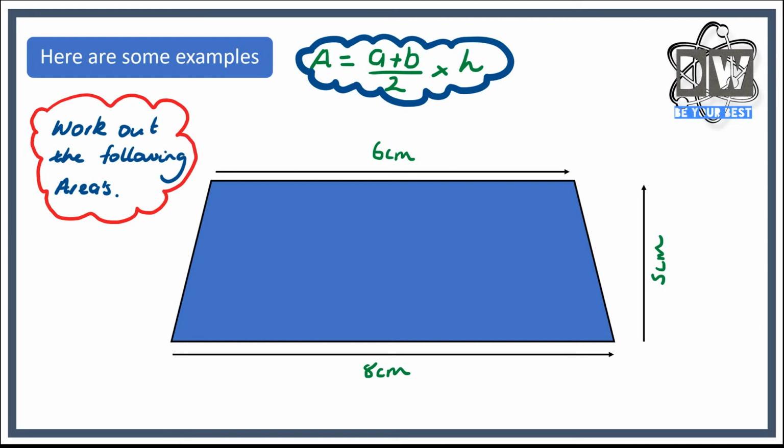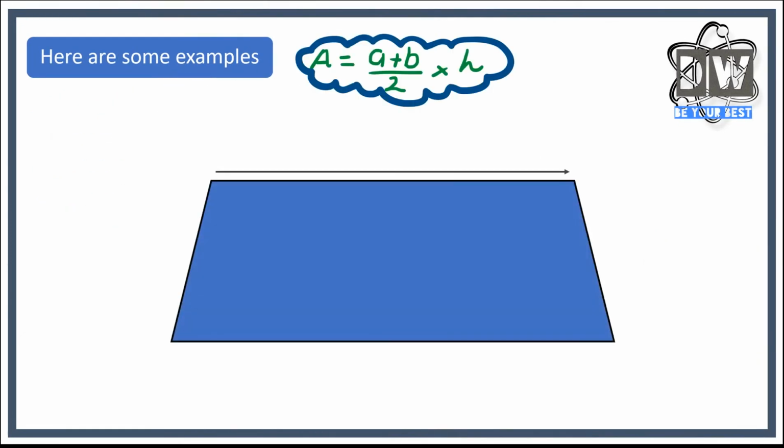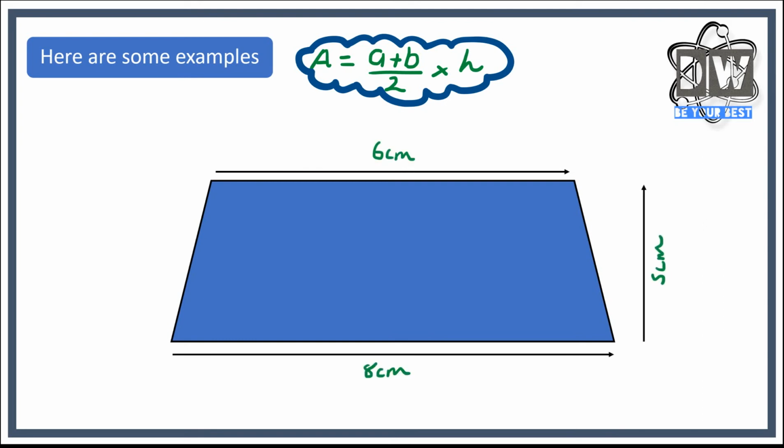Here we go. So if we take away those letters and input the numbers, then what we'd be left with is the following. We'd be left with area equals the top, which is A, plus the bottom, which is B, divided by 2, times by the height, which is 5.